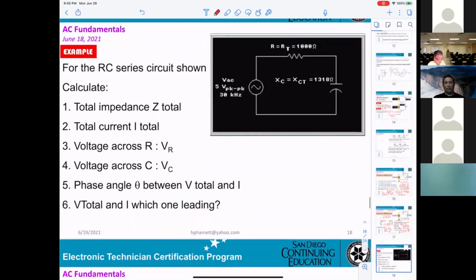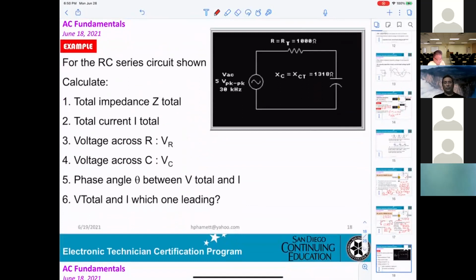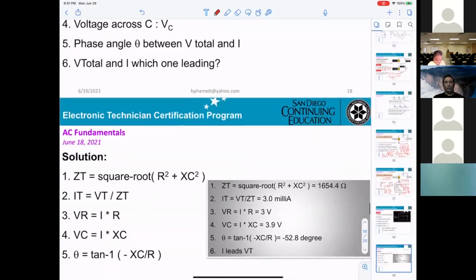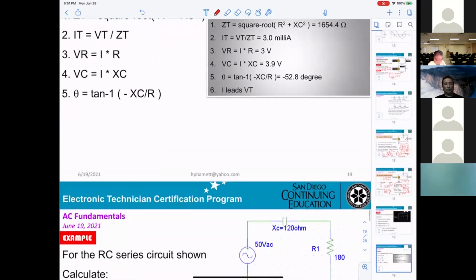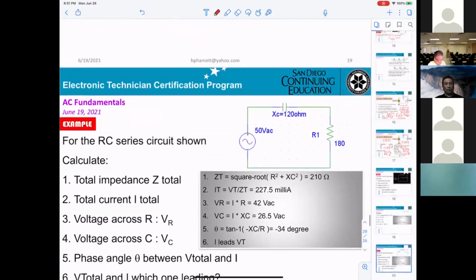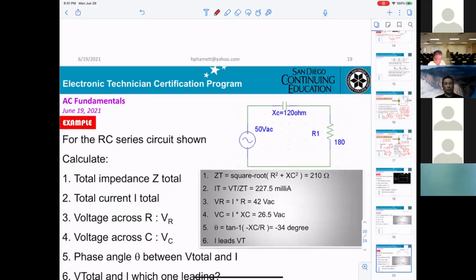Now this is the one you're supposed to do to make sure you can get the answer. This is the answer I already gave you for you to try. Otherwise, we don't have much time. And this is another example.